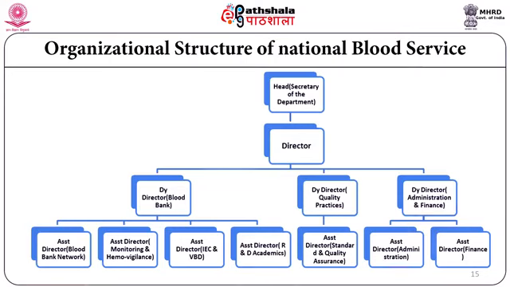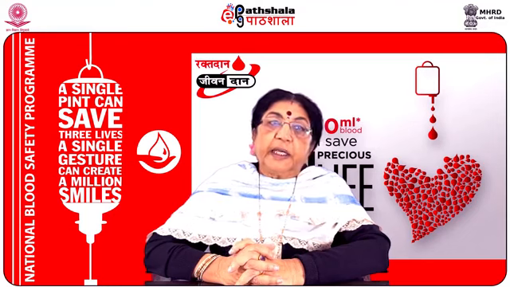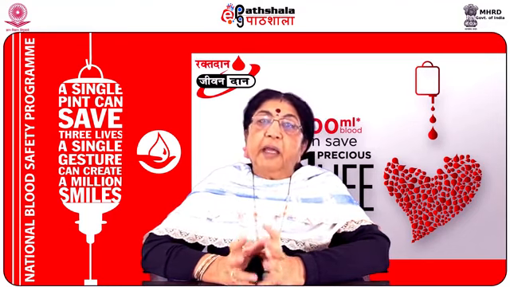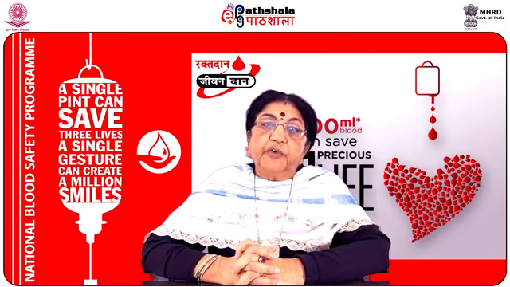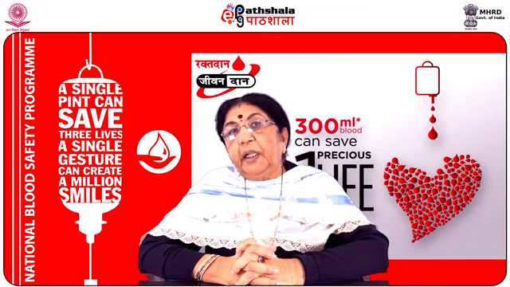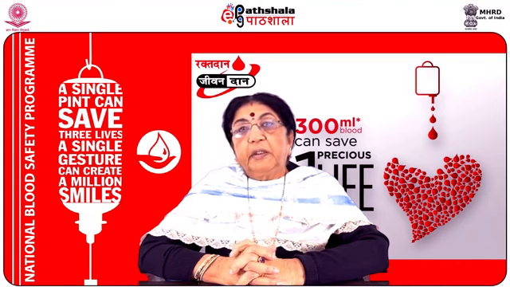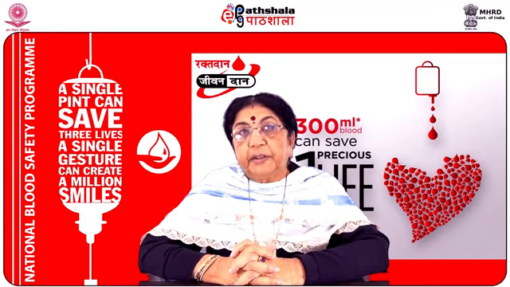And these three in turn are assisted by the assistant directors, which form a band that covers the entire network, that is the blood bank network, monitoring, the vigilance, the assurance, the quality, and most important, academics, and last of all, the strategy in order to increase and to better the services in our nation.